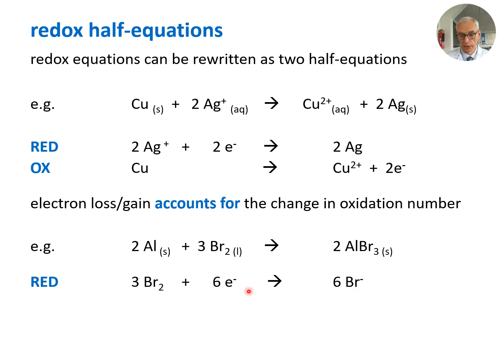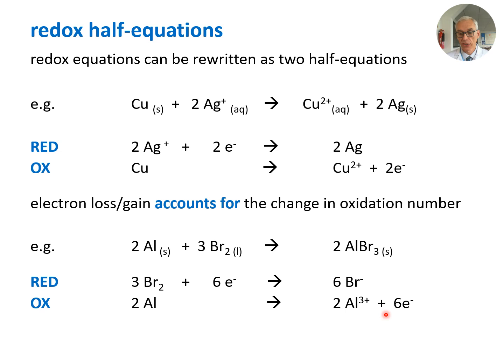So the 3 bromine molecules, or the 6 bromine atoms, have each gained 1 electron, so it's +6 electrons. Aluminium, 2 aluminiums have become 2 aluminium 3+ ions, so each aluminium has lost 3 electrons.